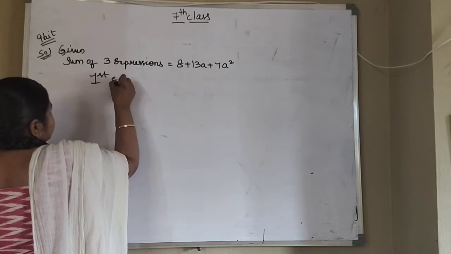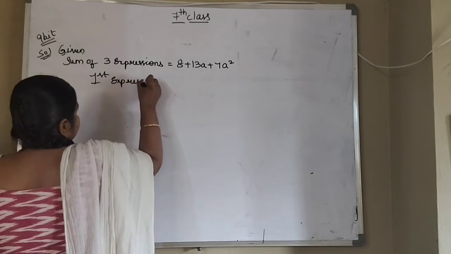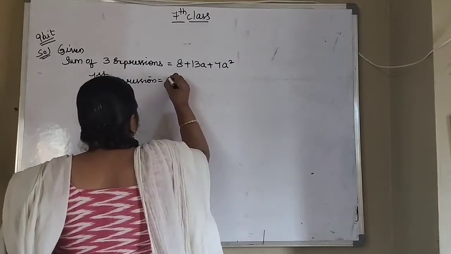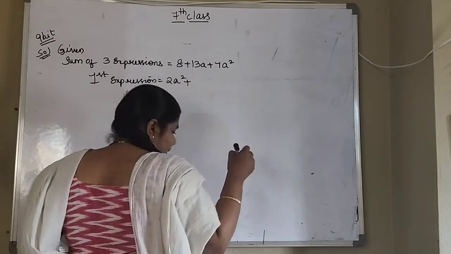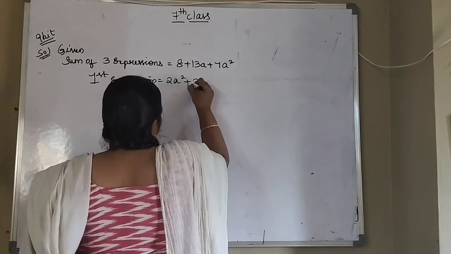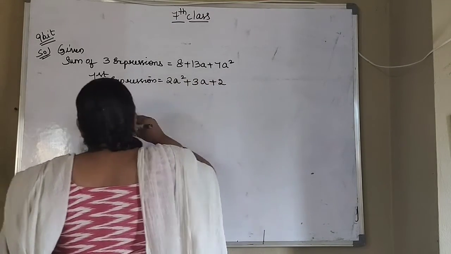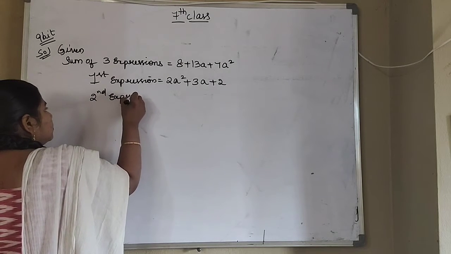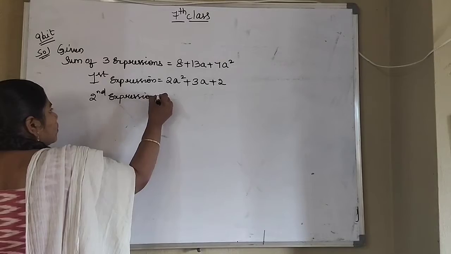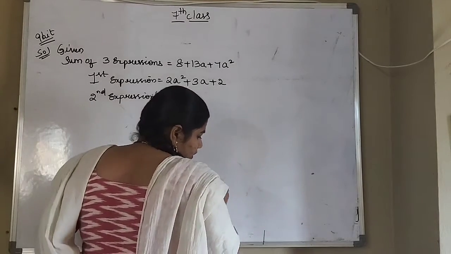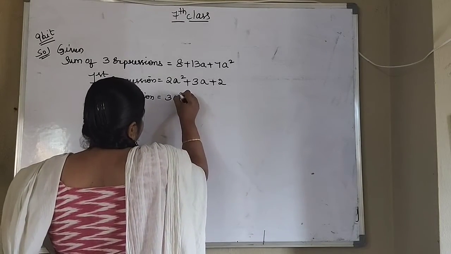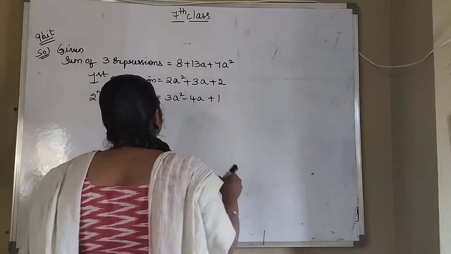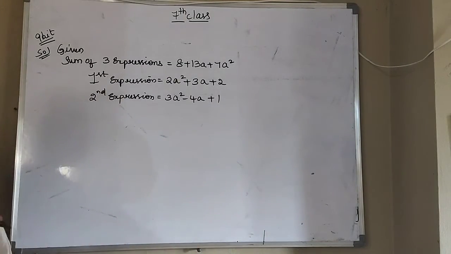The first expression is 2a square plus 3a plus 2, and the second expression is 3a square minus 4a plus 1. So these are the 2 expressions they have given.